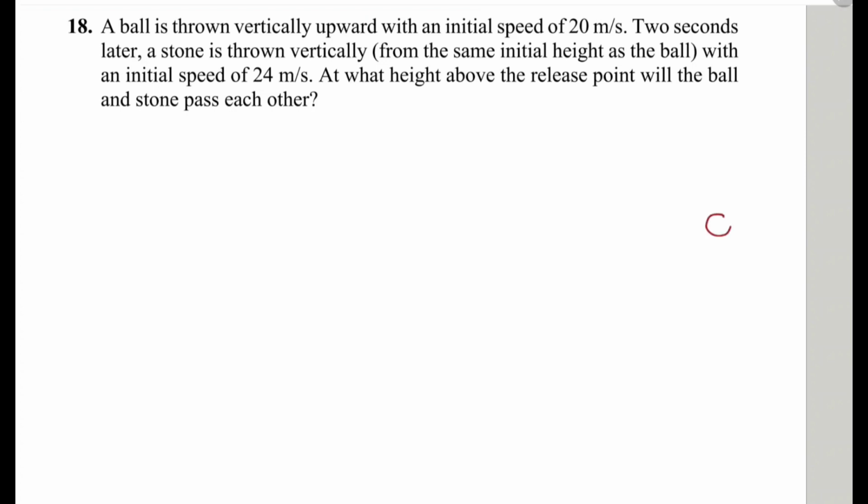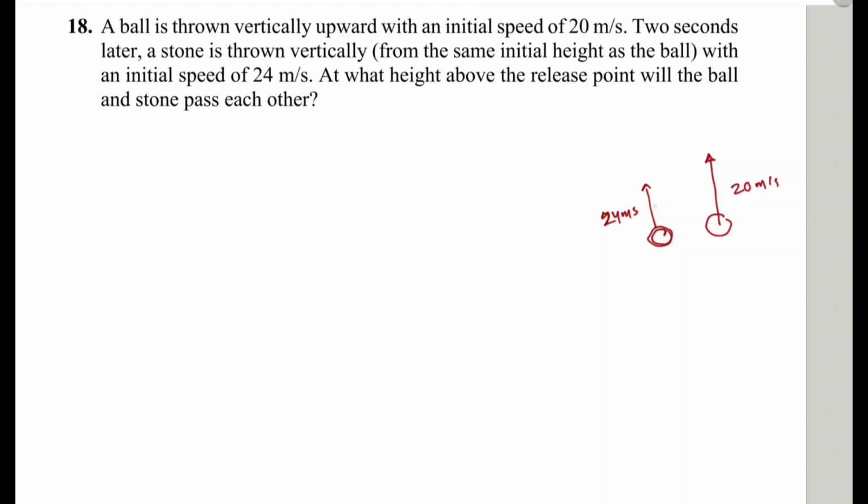We have a ball fired upward with initial velocity equal to 20 meters per second. Now 2 seconds later, a rock is thrown upward with initial velocity 24 meters per second. Now at what height above the release point will the ball and stone pass each other?